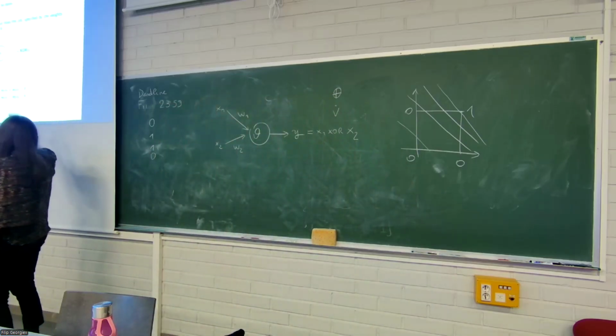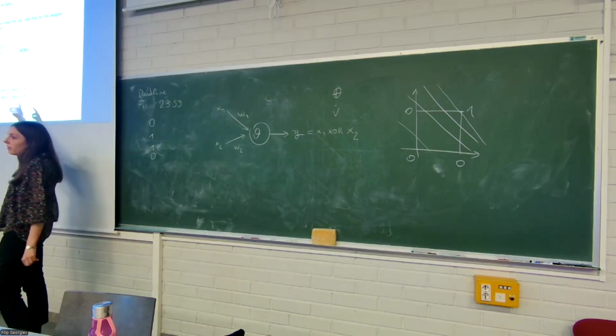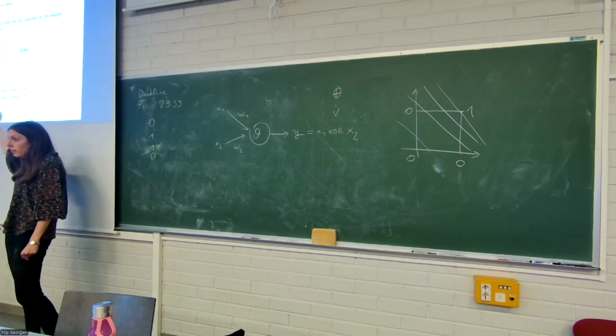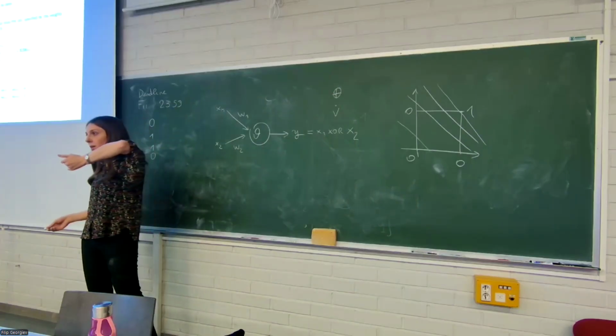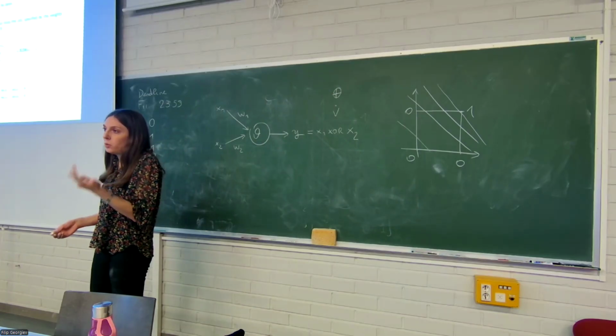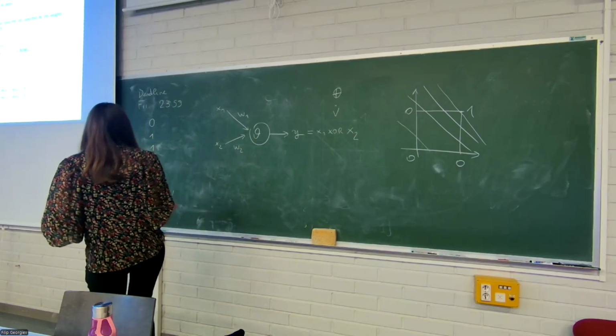The perceptron outputs 1 if this expression is greater than theta, and 0 if it is smaller than theta. So when I say I suppose there exists a perceptron, I say there exists the triplet W1, W2, theta.